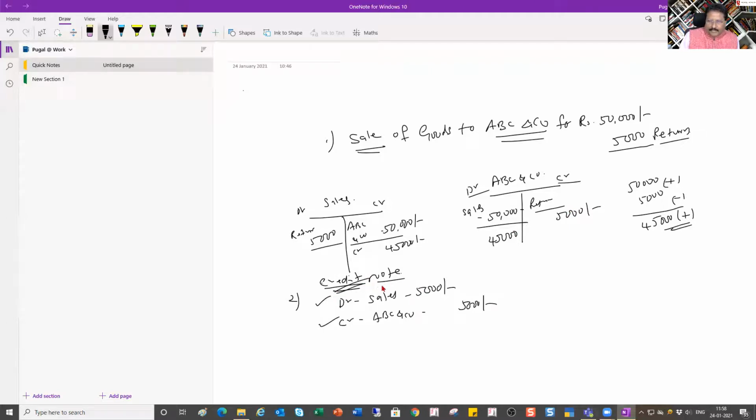Now let's understand the term of this credit note, and how you will relate this note to this particular ledger account, and how it helps you to retain it. See, the credit note that we are passing, what is the primary indication? The primary indication is that I am going to pass a note on the credit side of my party ledger.